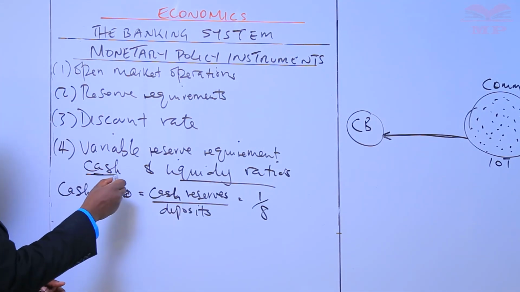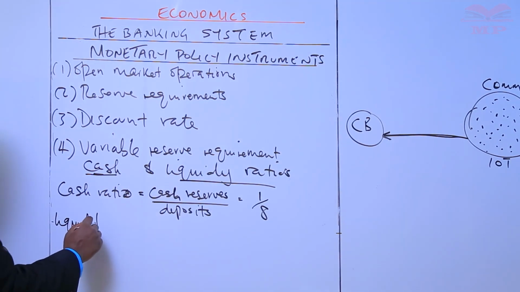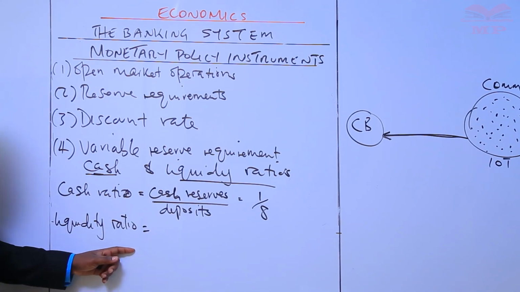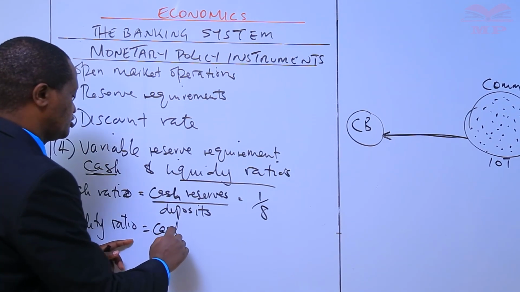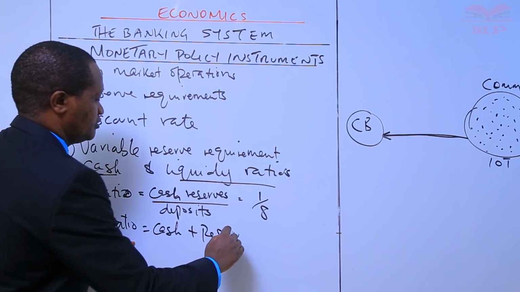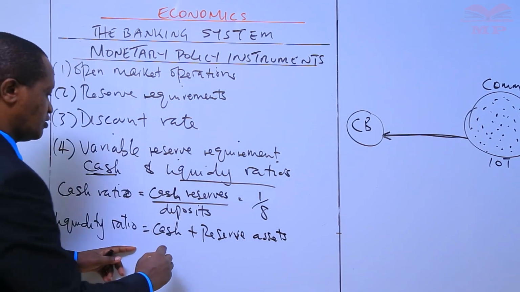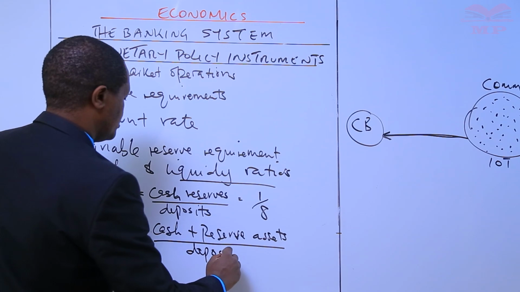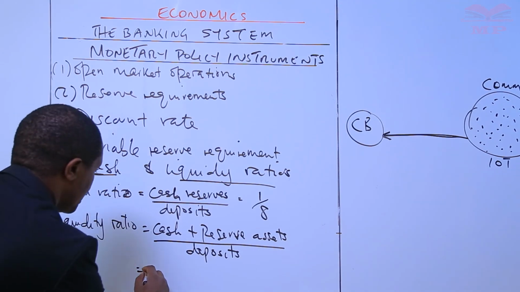Then there is the liquidity ratio. Liquidity ratio is obtained by adding the cash plus reserve assets over deposits.